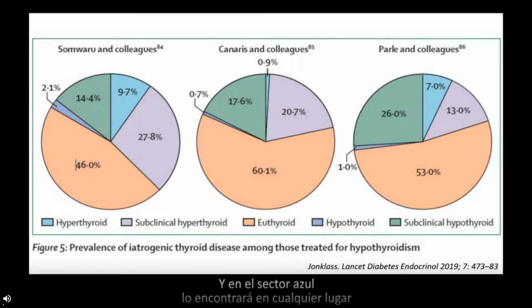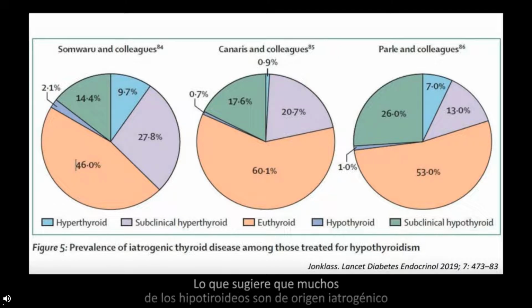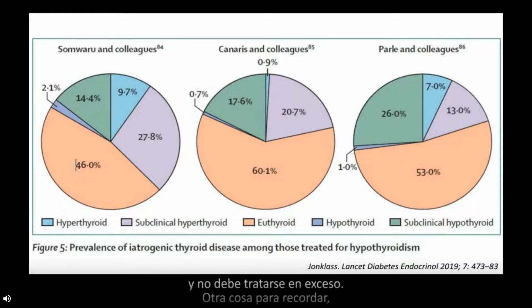And in the blue sector, you'll find that anywhere from 1 to 10% are hyperthyroid. Suggesting that a lot of the hypothyroidism is iatrogenic in origin and should not be overly treated.